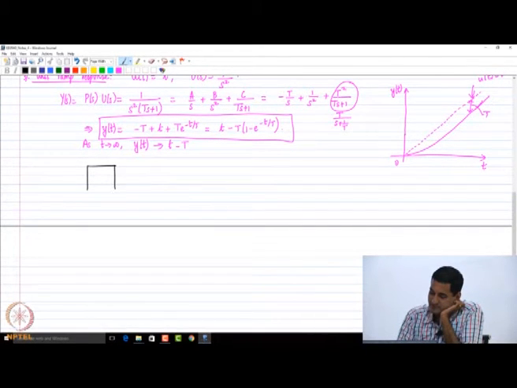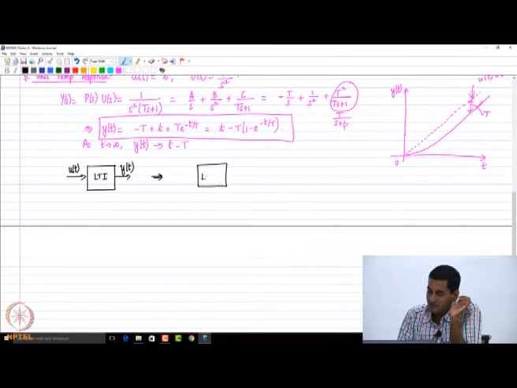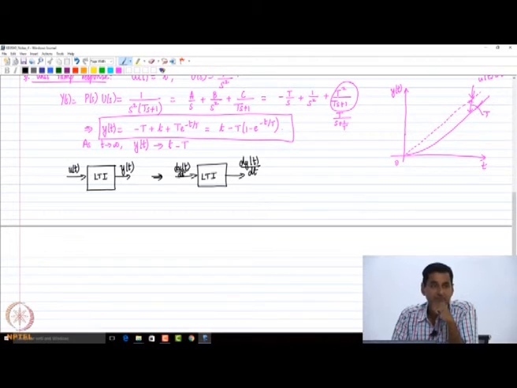One can observe then: if you have an LTI system, you give u of t and you get y of t. This implies that to the same system, you give du dt, and we get dy dt.